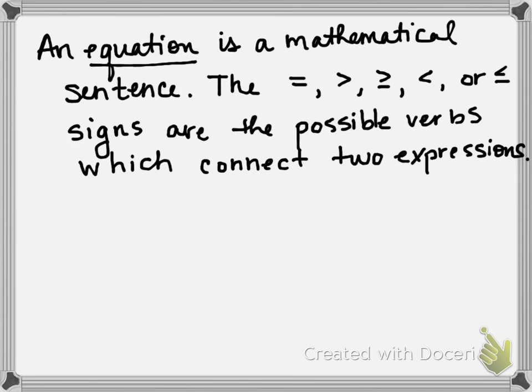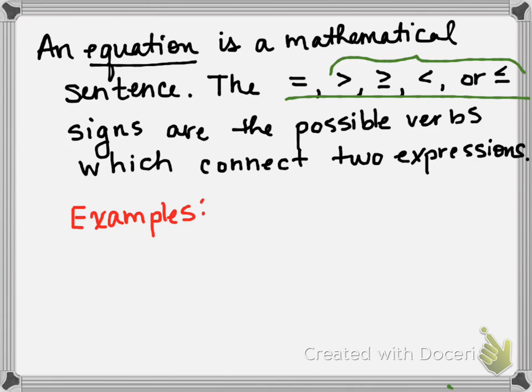I should also say if it has one of these other symbols besides an equal sign, that's called an inequality instead of an equation. And these are possible verbs which connect expressions. So these symbols here are the verbs in mathematics, and they connect expressions.